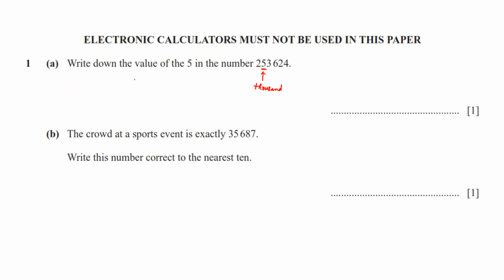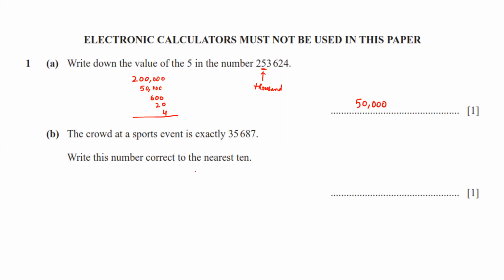So if we look at the value of each digit, it is 200,000, then we have 50,000, then 600, then 20, and then 4. So these are the values of each.